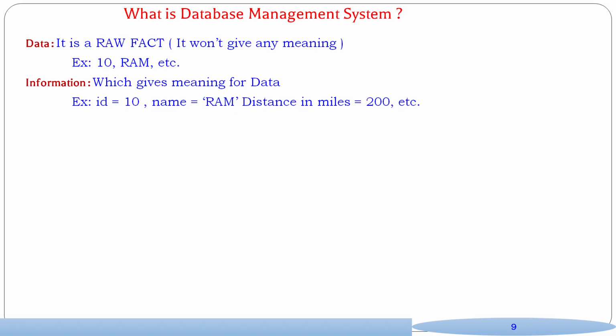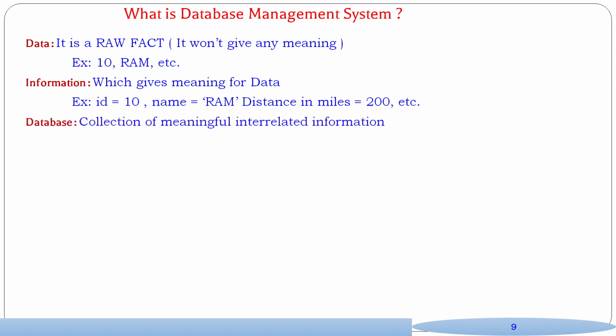For example, distance in miles: here I'm mentioning 200, so 200 is a distance in miles. This is called information. If you are not giving any meaning to the particular value, it is called data. For example, 10 is data. If I assign 10 to the identifier, then it is information. This is how we convert data into meaningful information.